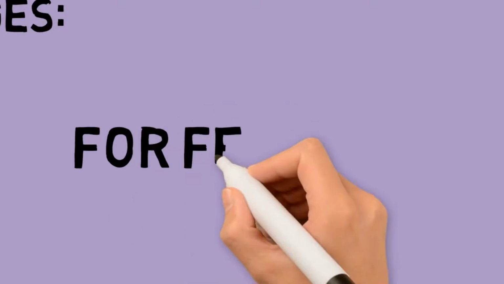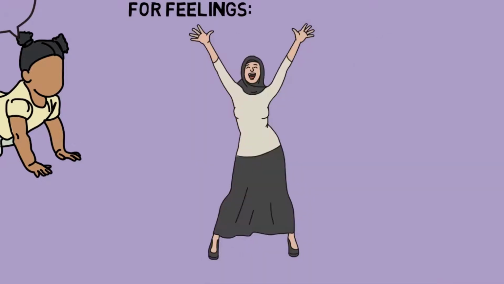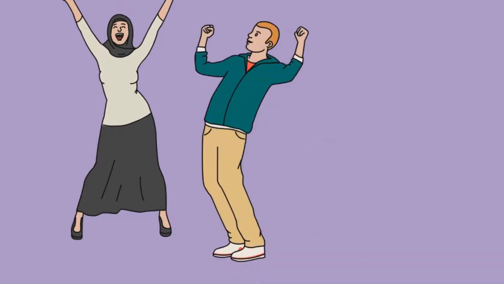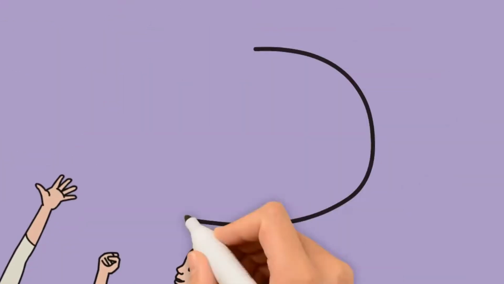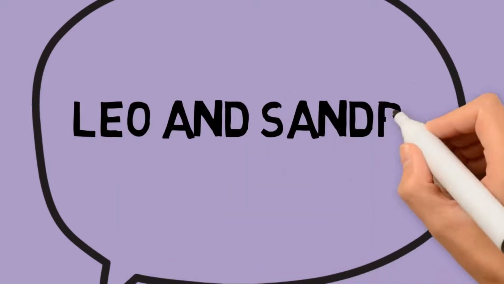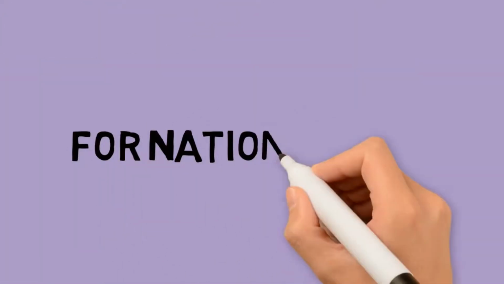And this is example for feelings. We use are. Leo and Sandra are happy. Why are? Because Leo and Sandra is a plural subject because two people, so we use are.